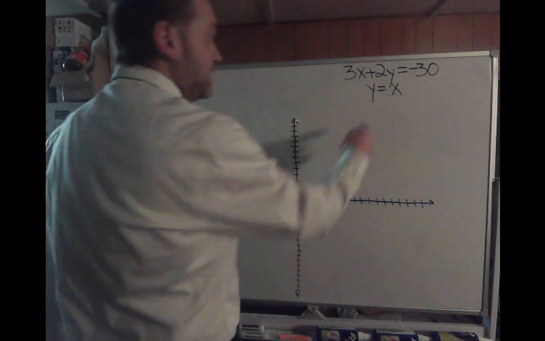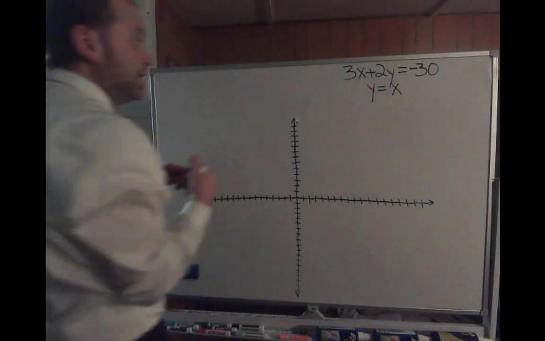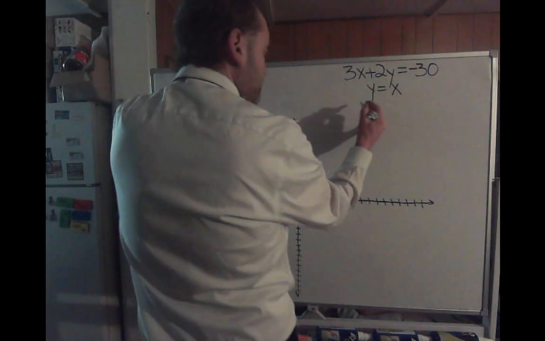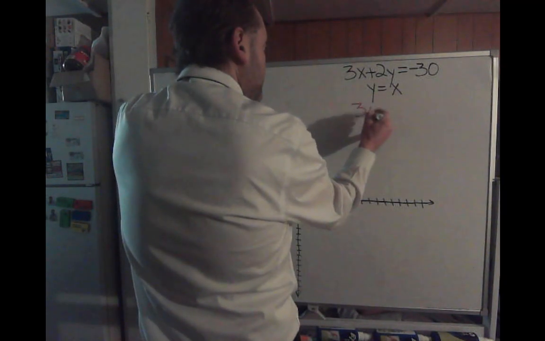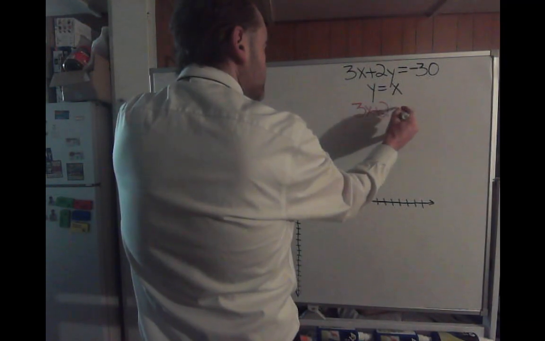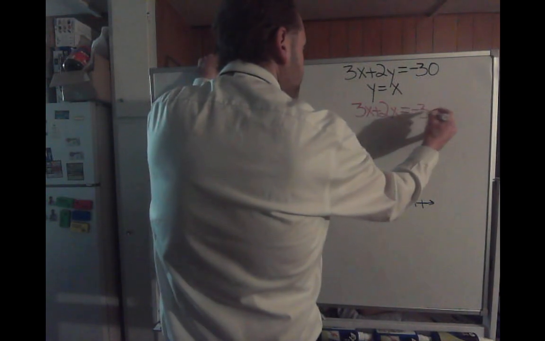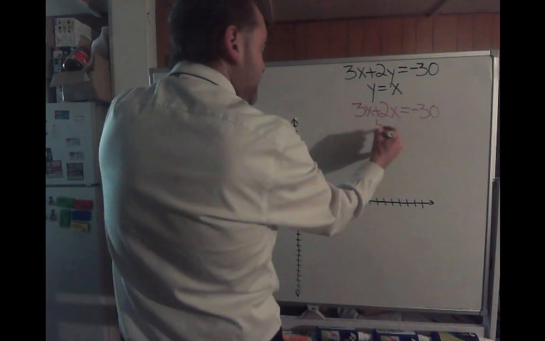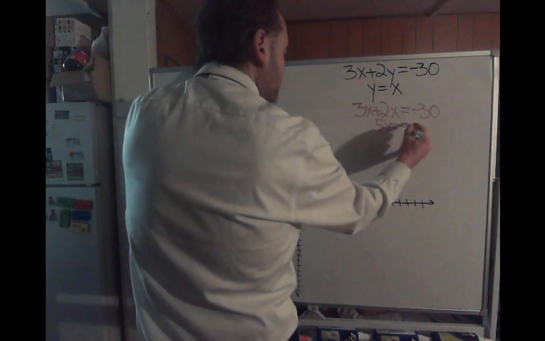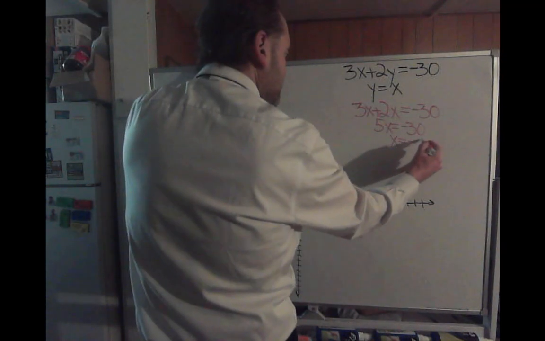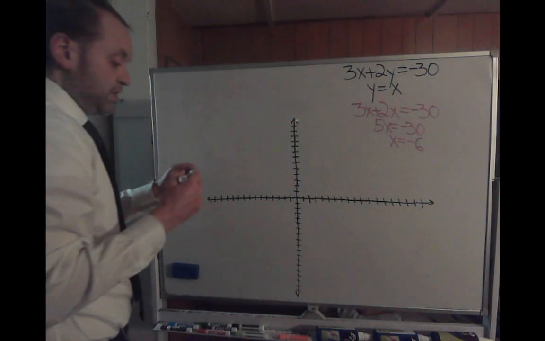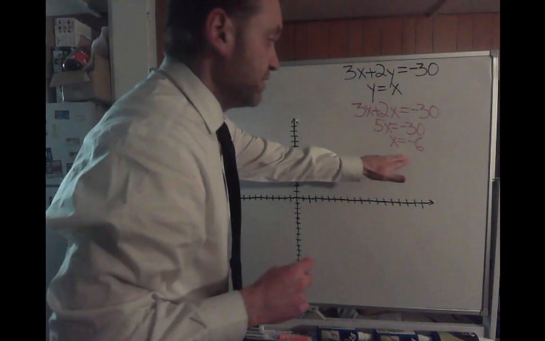So if you put in that x for where y is by substitution, you can start to solve for x. So take 3x plus 2x, since y equals x, set that equal to negative 30, which would give you 5x equals negative 30, and then x would equal negative 6. So there's the x-coordinate of your point of intersection.